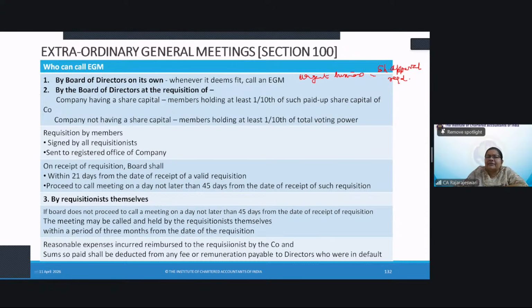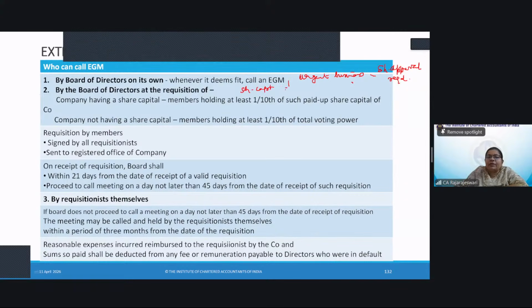Then in that case, they will call an EGM and get the shareholders' approval. Now the members can requisition the EGM. So if the company has a share capital, then 1/10 of the members who hold the paid up share capital of the company can call.